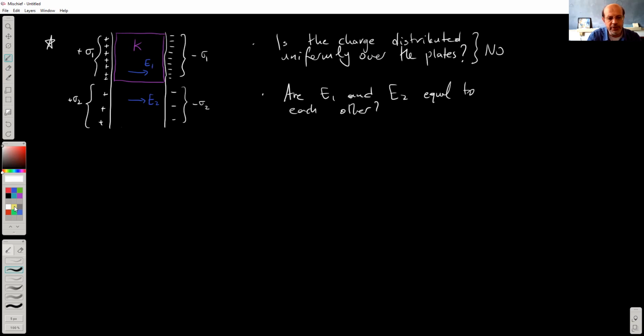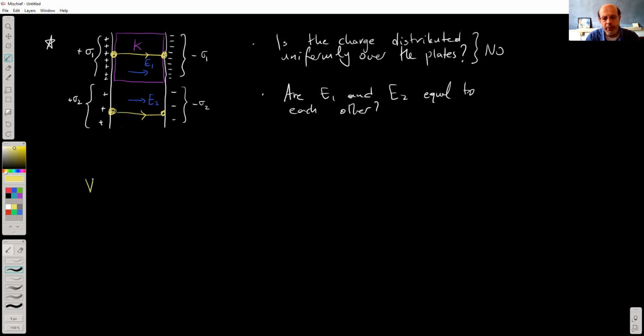If you compute the potential difference between these 2 points and between these 2 points, between these 2 points you have to go over this path, and between these 2 points you have to go over this path. But eventually, you need to compute the same potential difference.